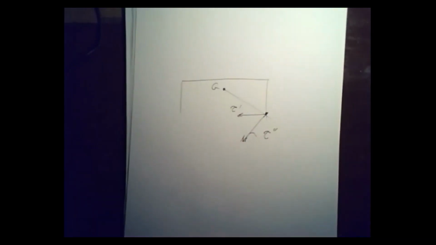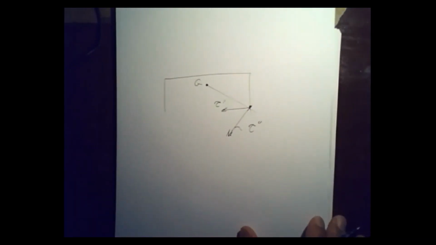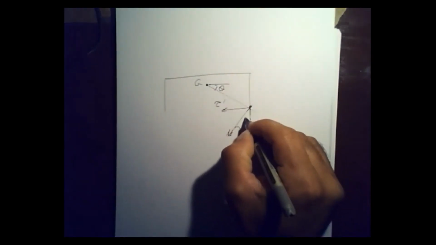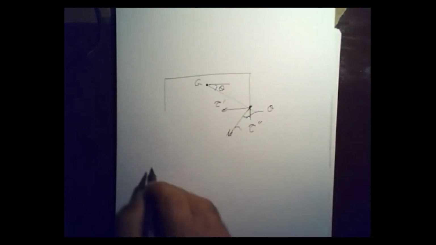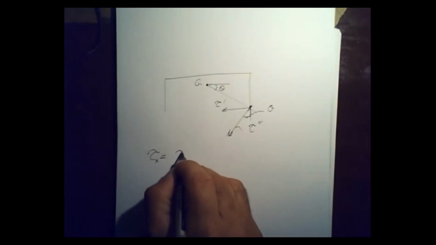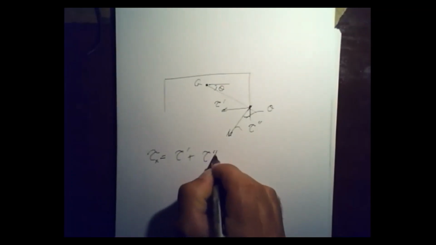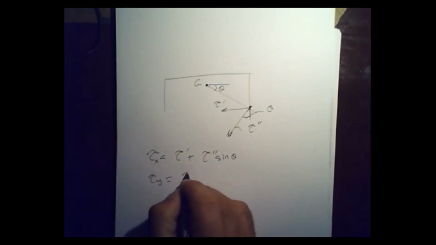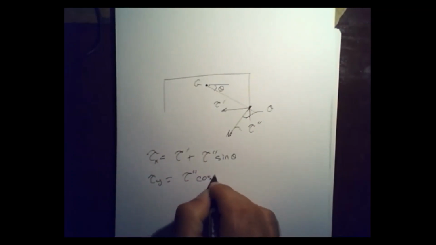In this case, I want to give you a general approach: you just find that angle theta. If this angle here is theta, then this angle here is theta. And I can get the total value for tau: in the x direction, tau x is equal to tau prime plus tau double dot sine theta, and tau y is equal to tau double dot cosine theta.